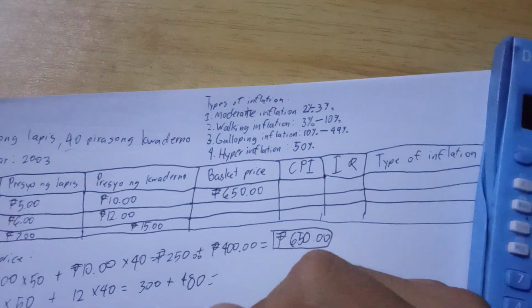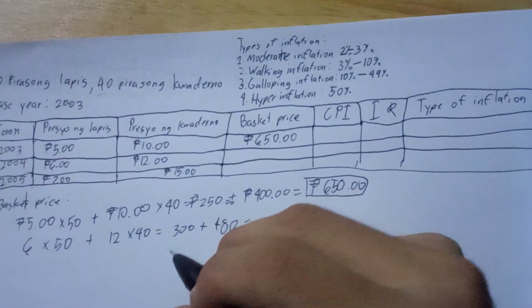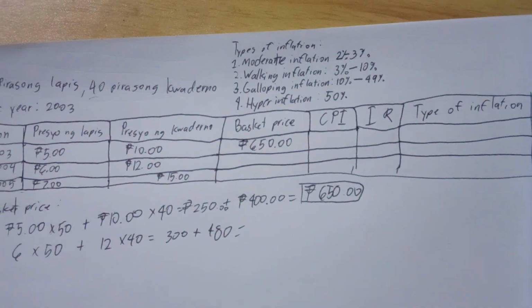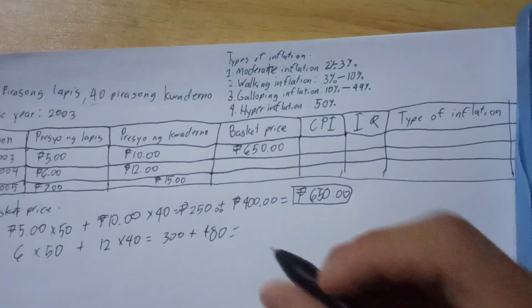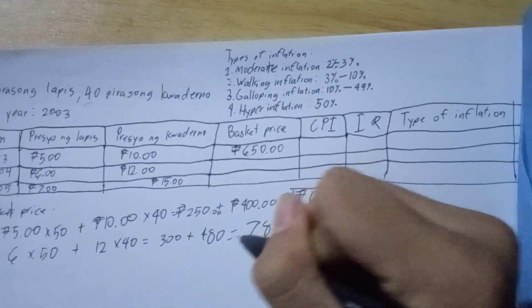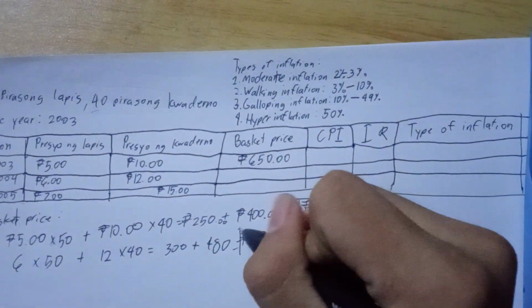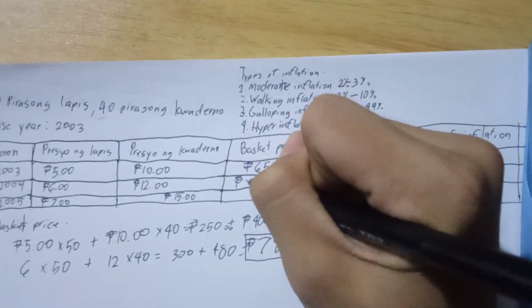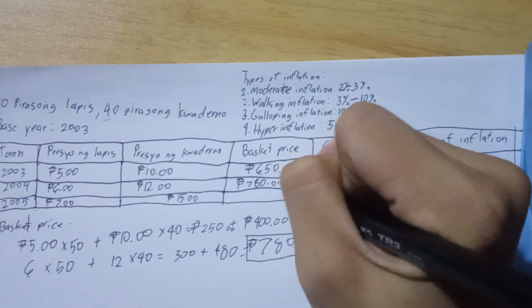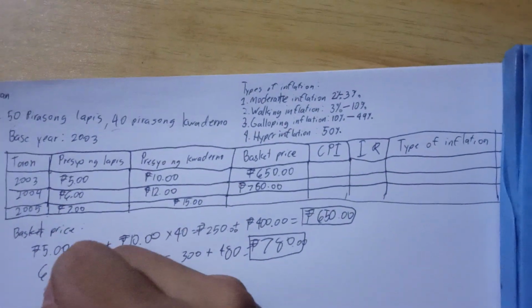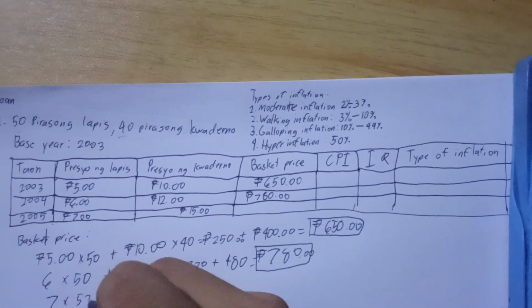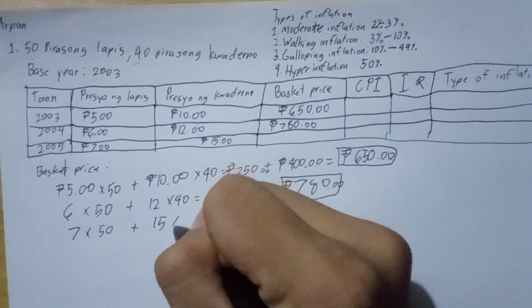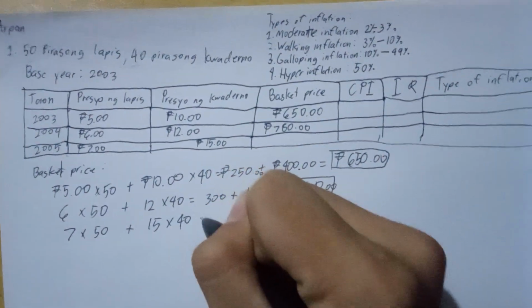We add them both together, it's 780 pesos. Don't forget about the pesos part. So it's 780.00 pesos.